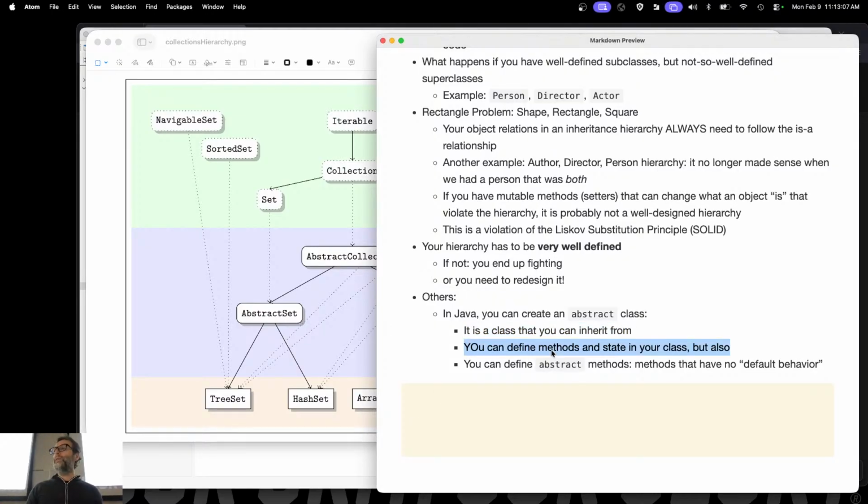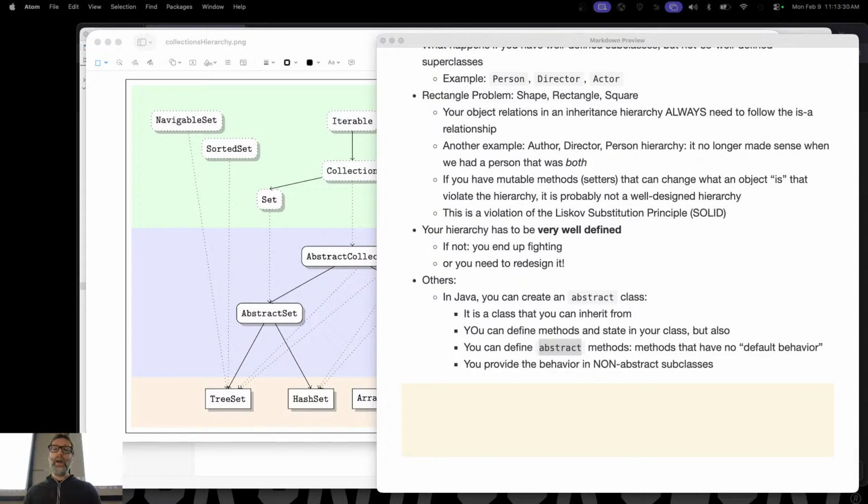You can define methods and state in your class, but also you can define abstract methods that have no default behavior. Basically, if you can't answer a question of this generic bird, how do they move? Or this generic asset, what is it worth? That should be screaming out to you, make that into an abstract class so you don't have to even answer those questions, right? You provide behavior in non-abstract subclasses.